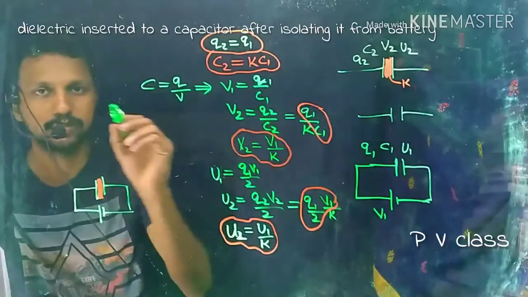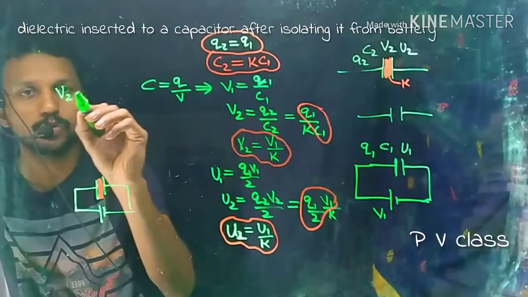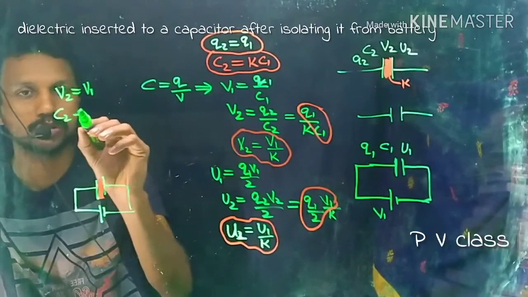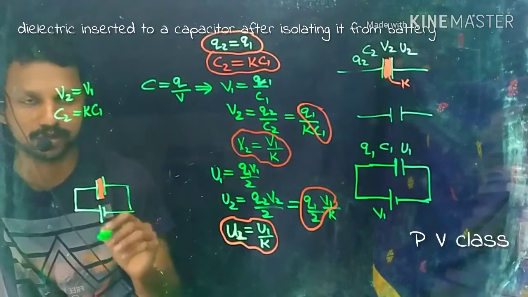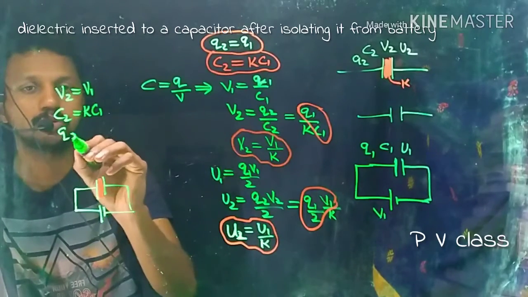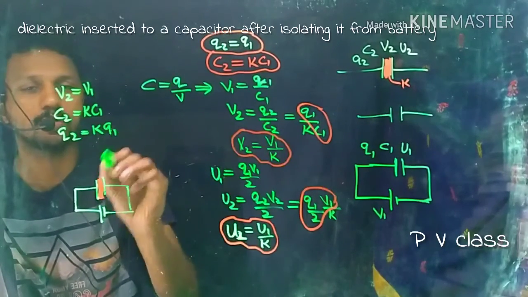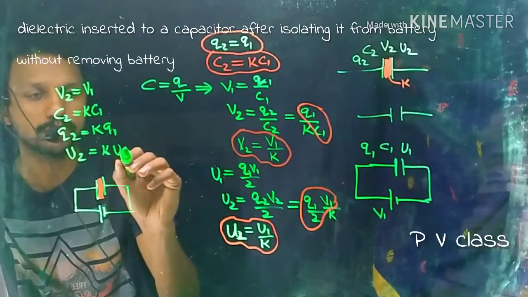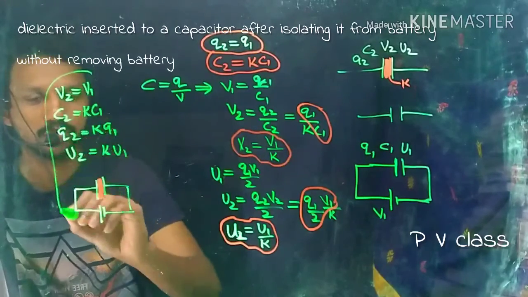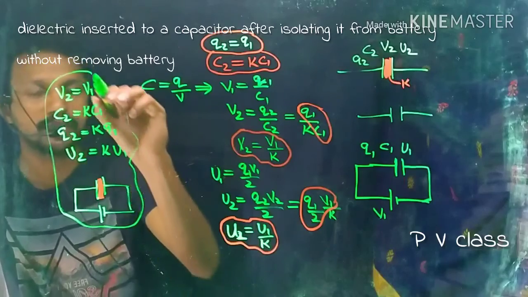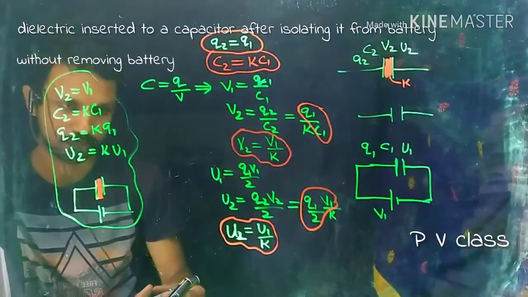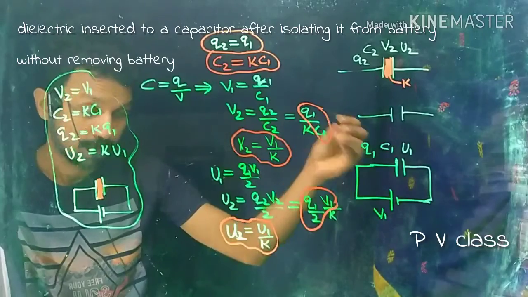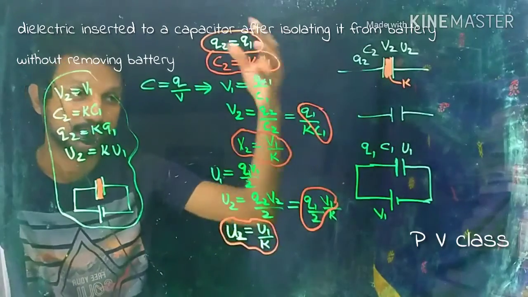In that situation, V2 was equal to V1, C2 was equal to KC1, Q2 was equal to KQ1, and U2 was equal to KU1. This was the situation where a dielectric is inserted without removing the battery. This is the situation where the battery is removed and then the dielectric is inserted.